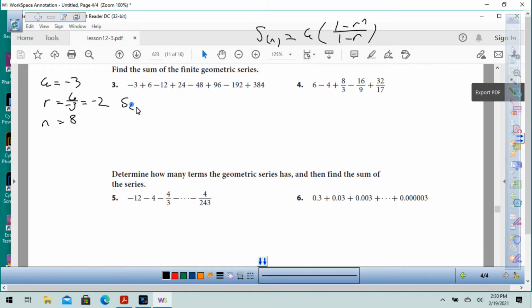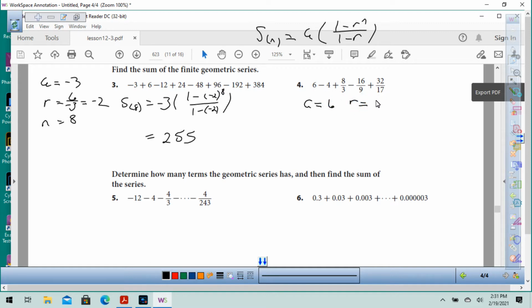So S sub 8 equals -3, I'm using this formula up here, times 1 minus -2 to the 8th power over 1 minus -2. And if you put that in your calculator, you come up with 255. Now, honestly, with just 5 terms like this, I would just go ahead and add them, but anyway, let's demonstrate. A, the first term is 6.